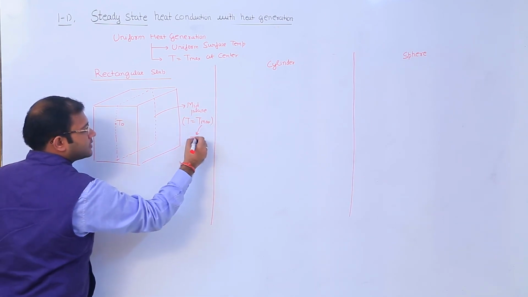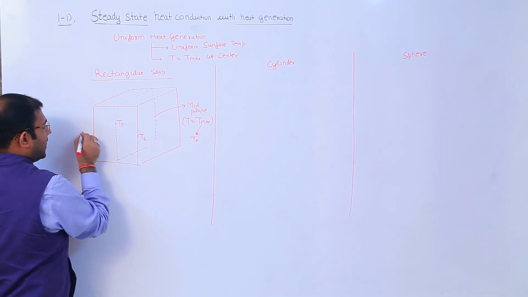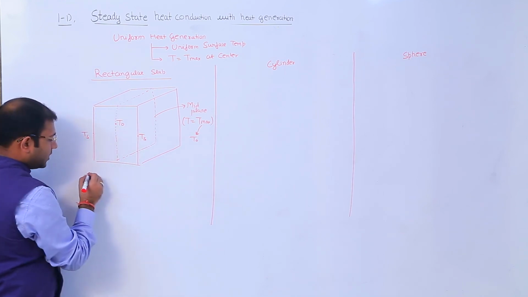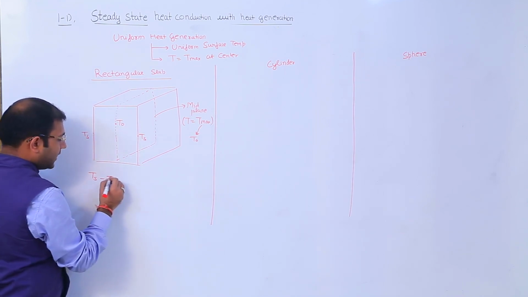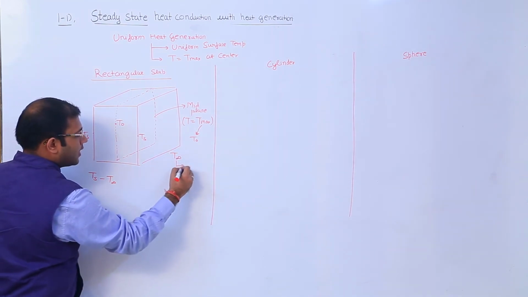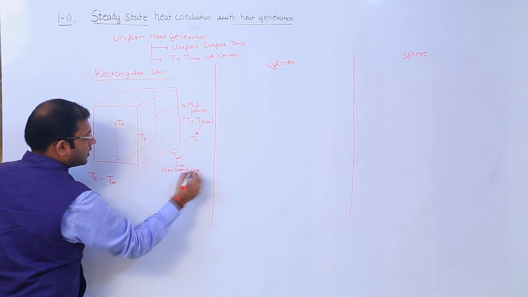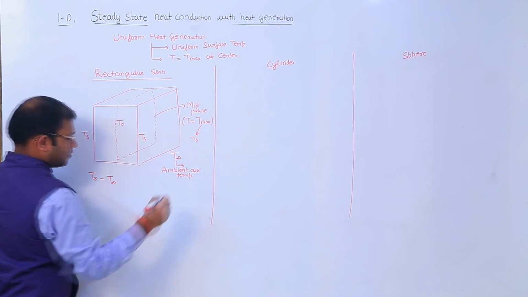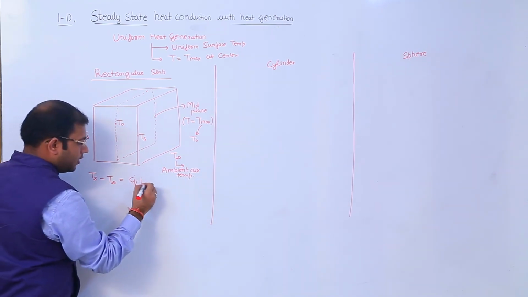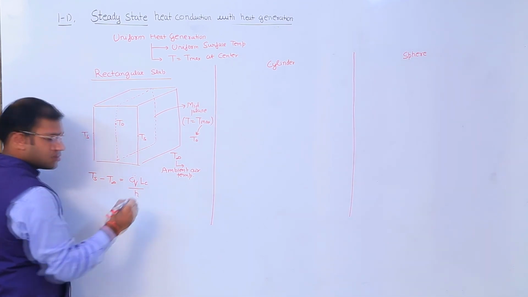This is also represented by T naught, and this is the surface temperature Ts, and this is the surface temperature Ts. So the relation Ts minus T infinity, where T infinity is the ambient air temperature. Fine, it is nothing but your Q dot into characteristic dimension upon h.